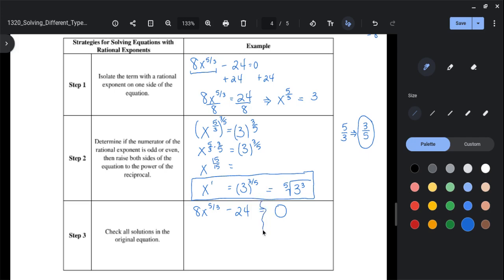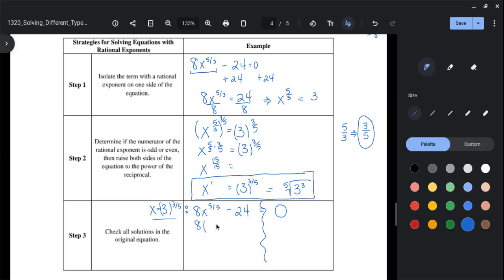So I'm only working with one side at a time, and then I'll compare our answers. It's actually really nice if I keep this as 3 to the 3/5 power when I am checking my solution. So I'm going to leave it written that way. It's going to be easier to work with.